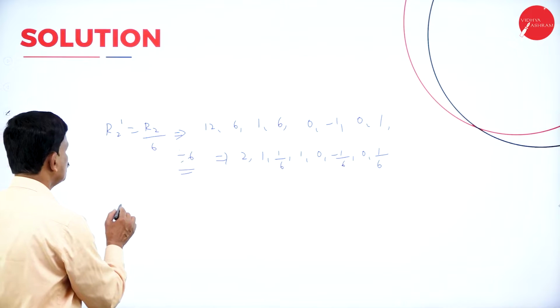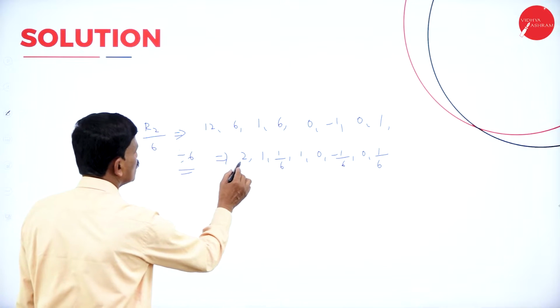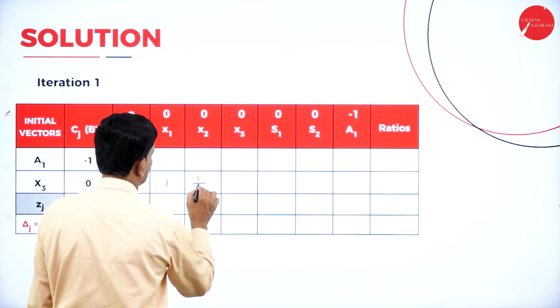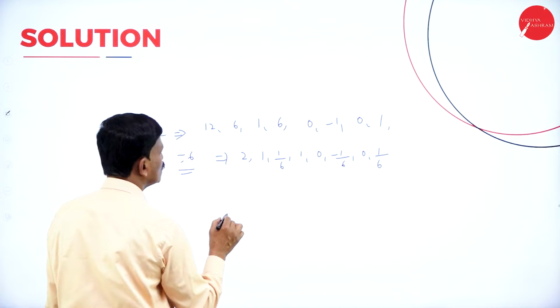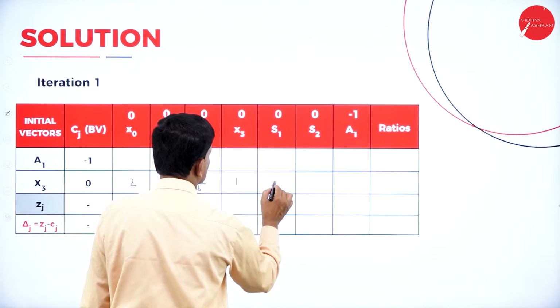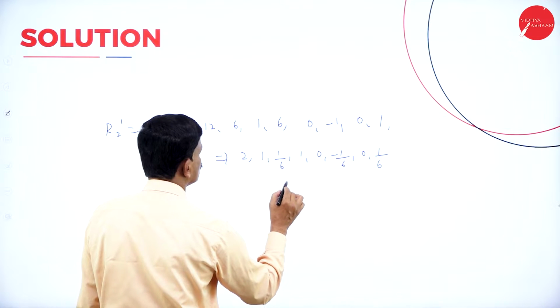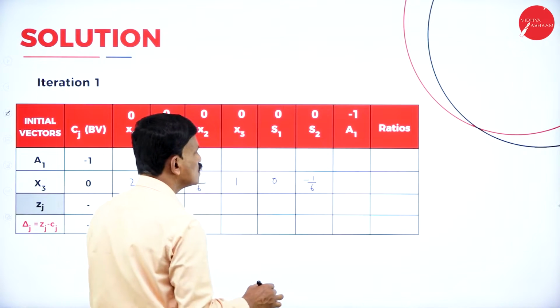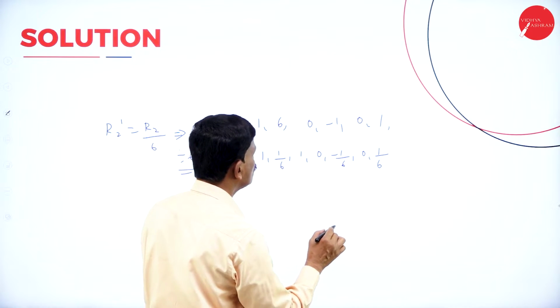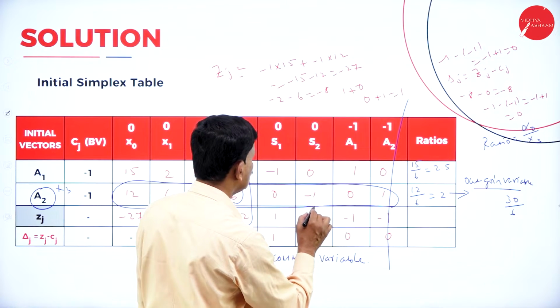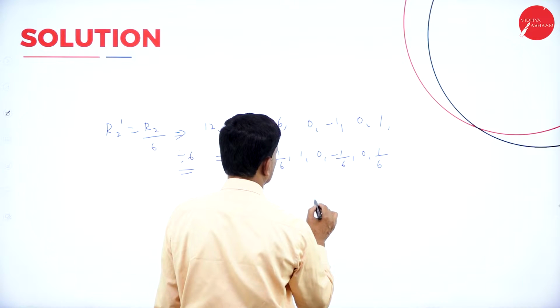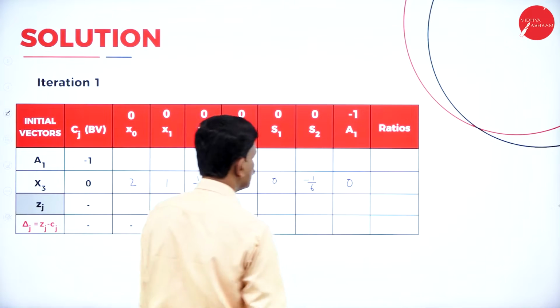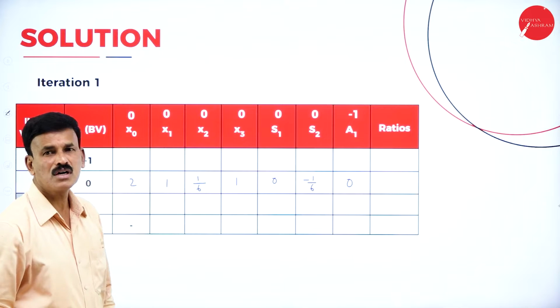For R2 dash, the values we are getting are 2, 1, 1 by 6, 1, 0, minus 1 by 6. A2 is gone, the A2 coefficient 1 by 6 is gone, and for A1 we have 0. These are the values for R2 dash.